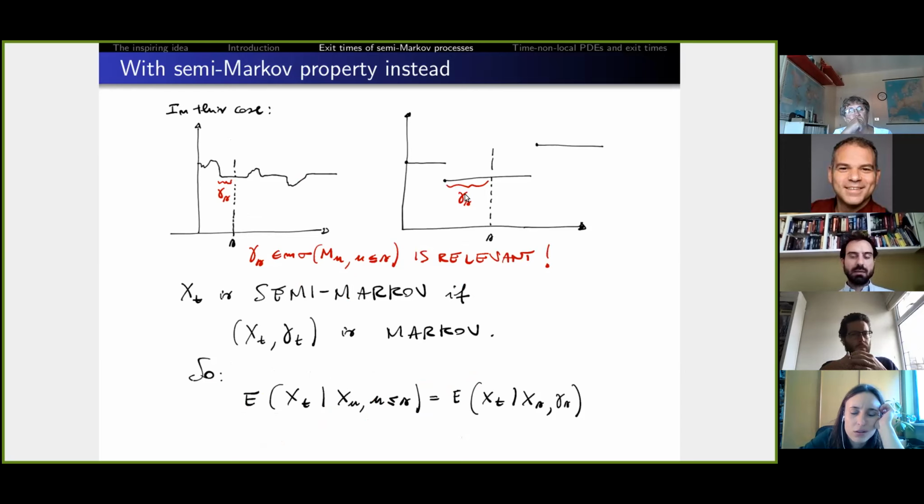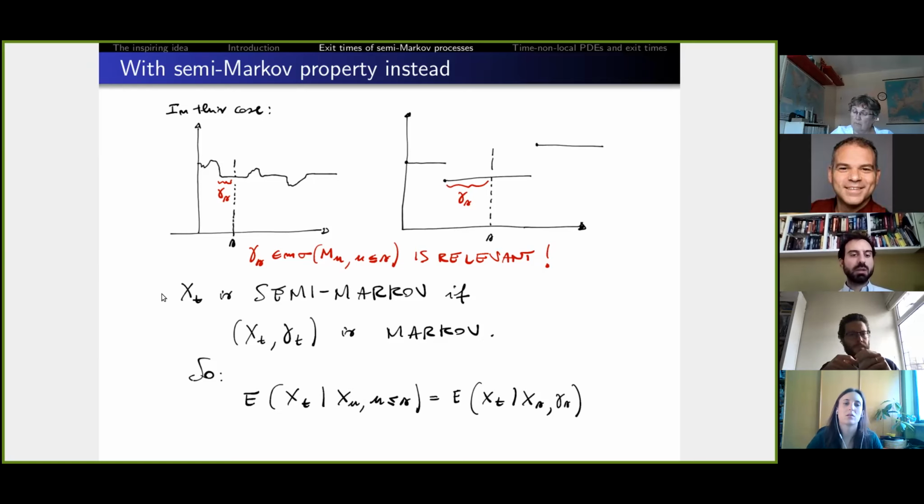Then the quantity gamma of s, which you are ignoring in the Markov case because of the lack of memory of the exponential distribution, becomes relevant. It becomes relevant because you don't have exponential time, and thus you are conditioning an exponential random variable to be greater than something, and this is relevant when the waiting time is not an exponential. When it is an exponential, like in the Markov case, you can avoid considering this.